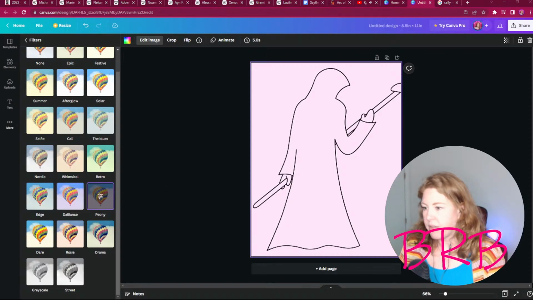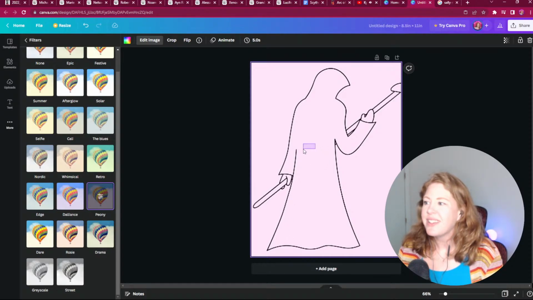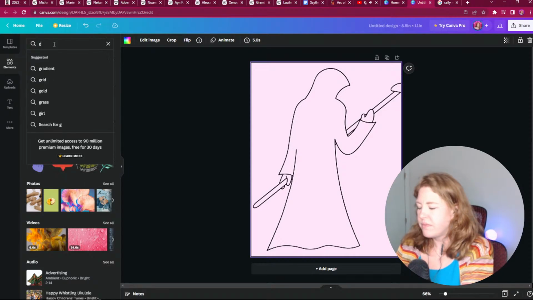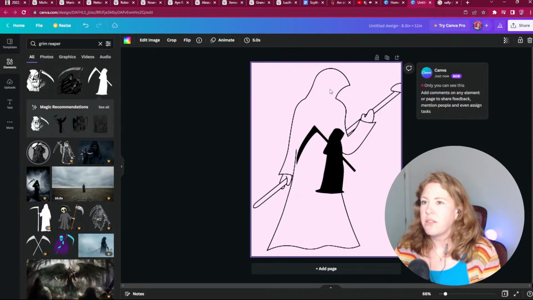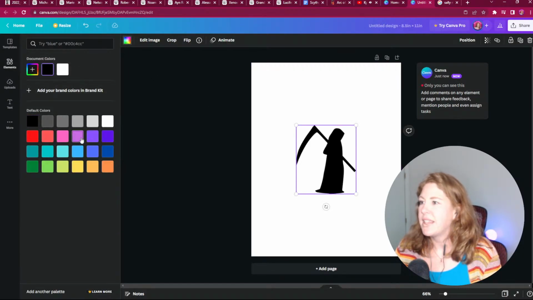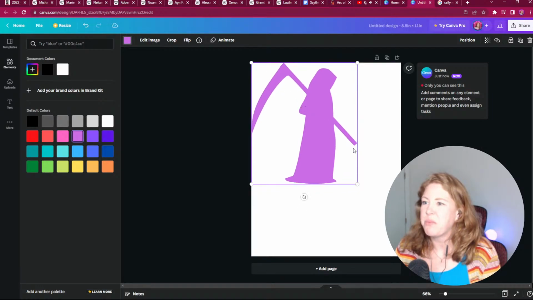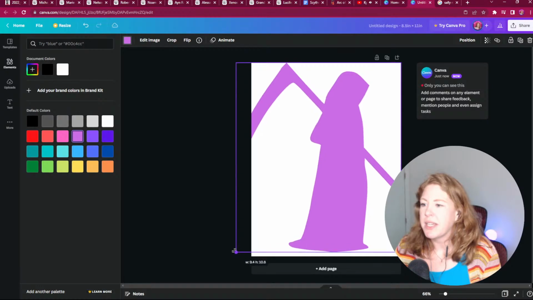Oh, I still have this on. I have to turn this off. I could. Oh, I could always do this. Then I could change the color, right? Yeah. Okay. Is that the brightest pink that they have? Yeah, I feel like pink would be my color.